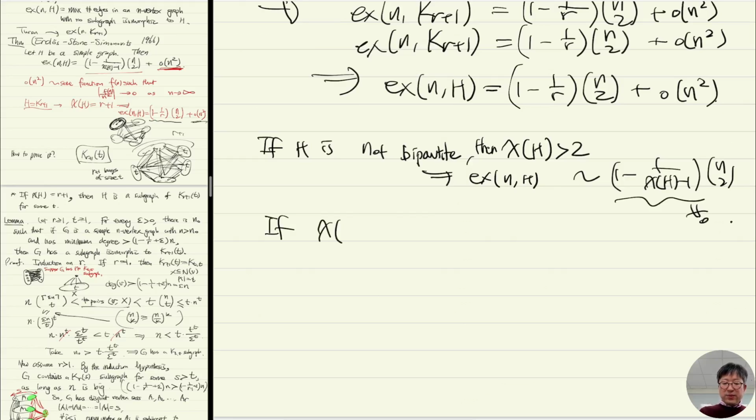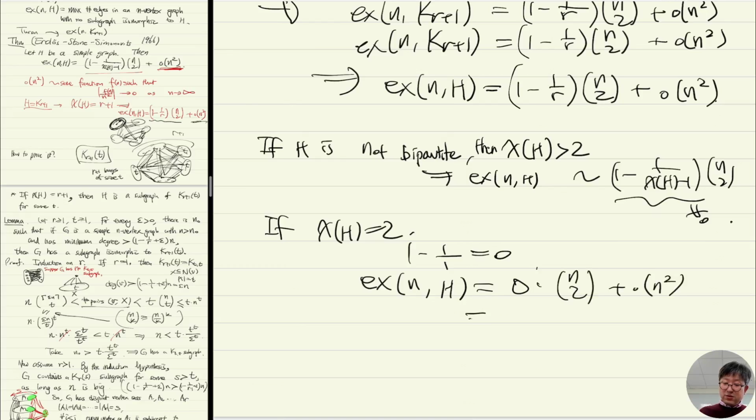And this is non-zero. But if the chromatic number of H is 2, then this is 1 minus 1, which is 0. So what it tells you is that this is 0 times n choose 2 plus little o of n squared. So that just means it's subquadratic and it doesn't tell you anything else.